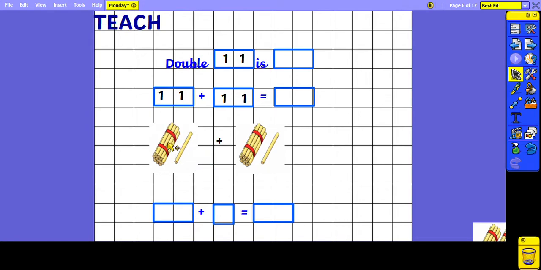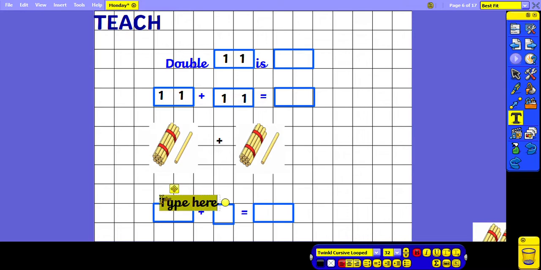And if we add this 10 with this 10, we know that 10 add 10 is 20. And then we know that 1 add 1 is 2.